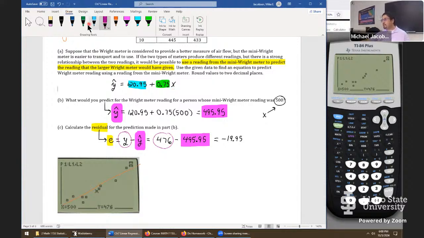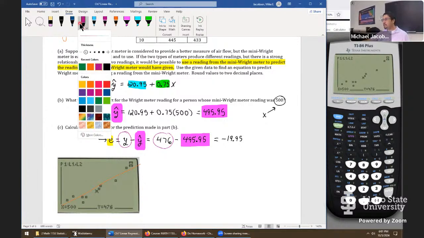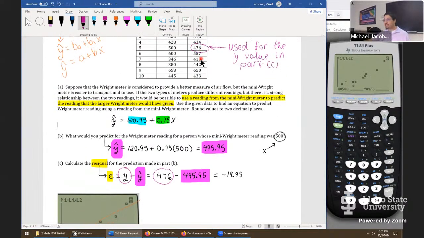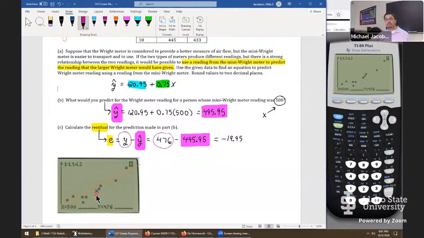Then, coming back to what we calculated, we had at 500 a value, with double check, 476. That's this value right here, 476 by that little star. Let's just put a dot on it. We also have the 495.95. That's this value just a bit above. That's the actual value that was predicted by our equation right here.